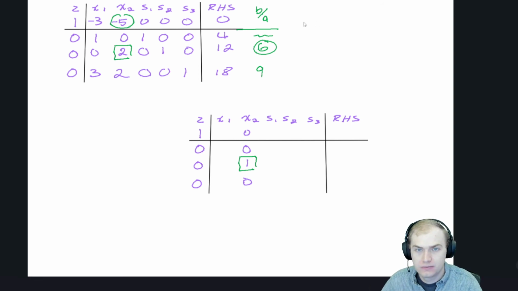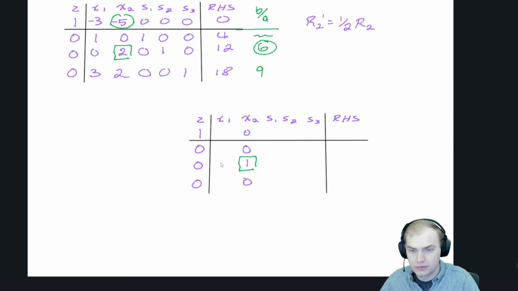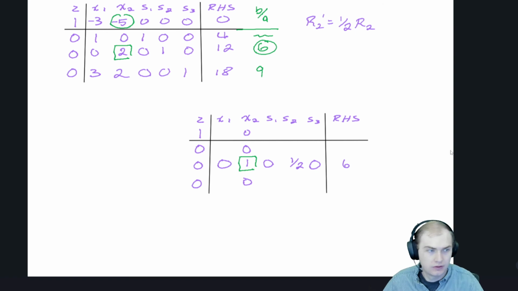So the first thing we're going to do is R2 prime equals 1/2 R2. So we end up with this row.